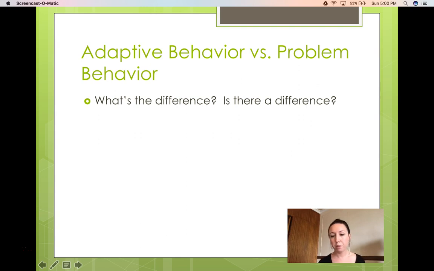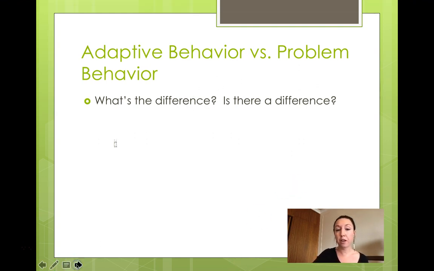So if you paused, welcome back. If not, it's important to note that an adaptive behavior is something that helps get us through life. And what can happen sometimes is a problem behavior or a non-desired behavior can arise due to a lack of an adaptive behavior. So for example, think about an individual who's aggressive, right? That would be a problem behavior, but it might have come up because of a deficit in adaptive behavior, such as a language skill.